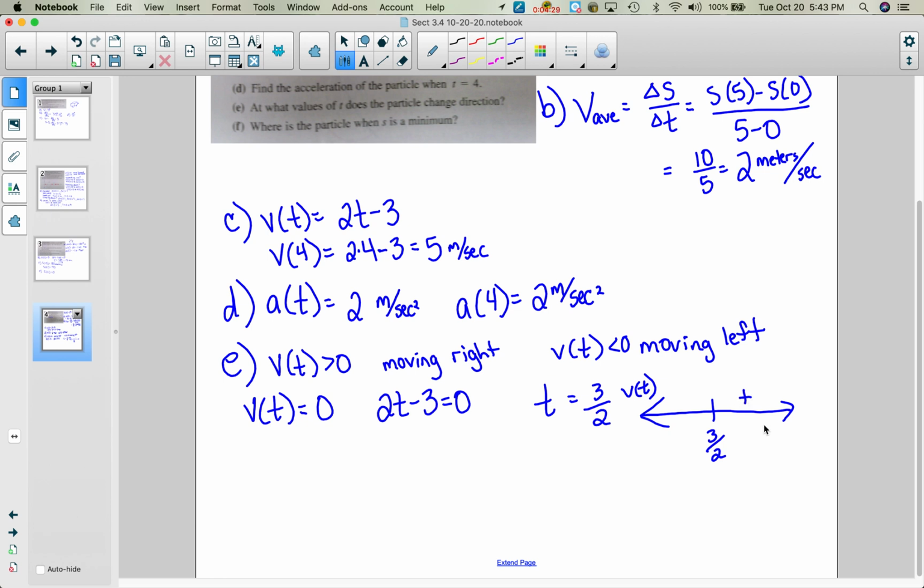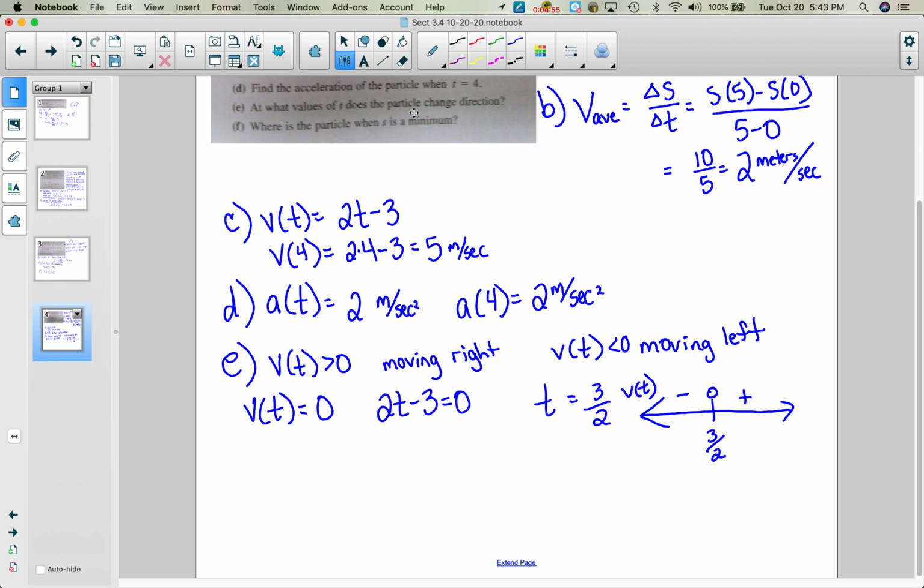So on this side, it's going to be positive. And if I plug in a 1, I get a negative value. So at the time 1.5 seconds, my velocity goes from negative to positive. It passes through 0, which indicates that my particle is changing directions.